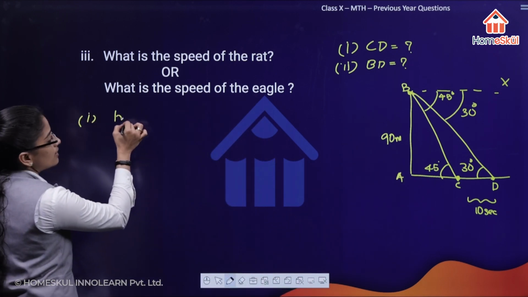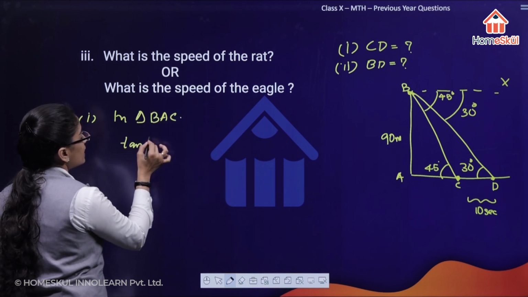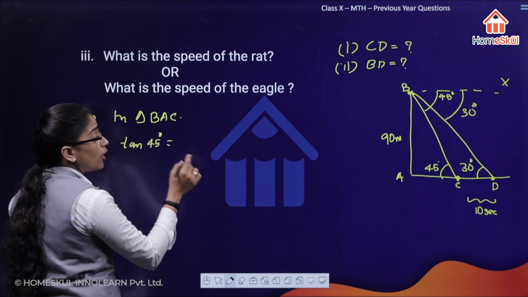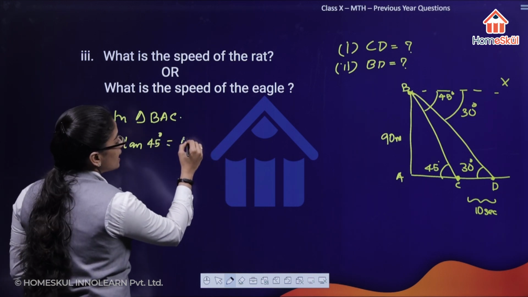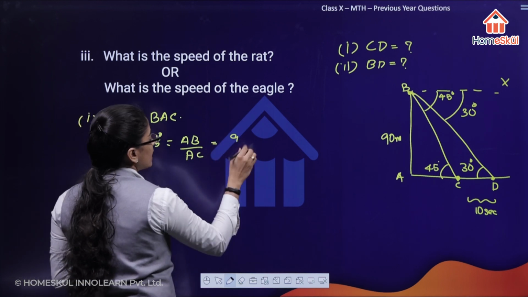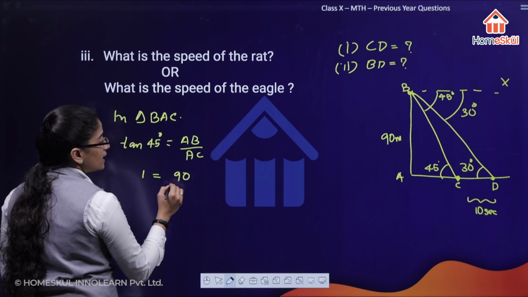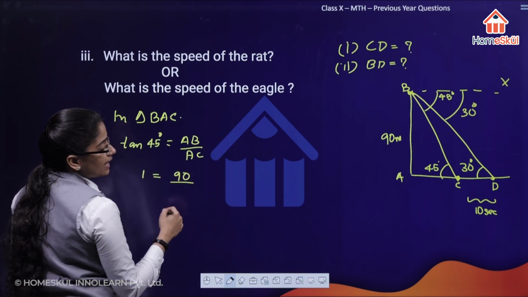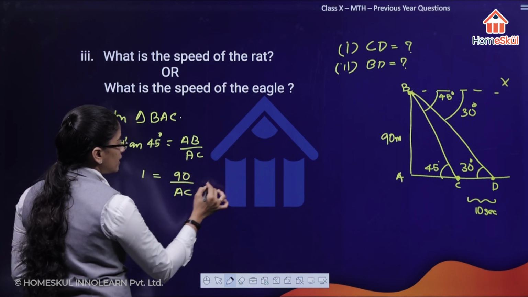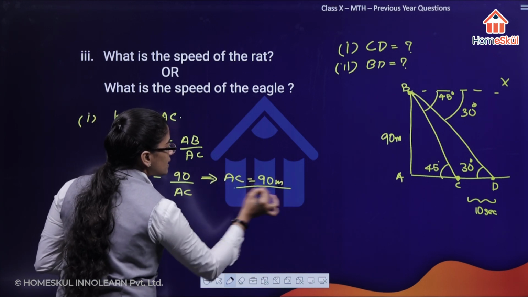So, in triangle BAC, tan 45 degree is equal to opposite side by adjacent side, that is AB by AC. AB it is given 90. Tan 45 is 1. AB it is 90 meter, and AC is what we need to find out, which means we are getting AC is equal to 90 meter, isn't it?